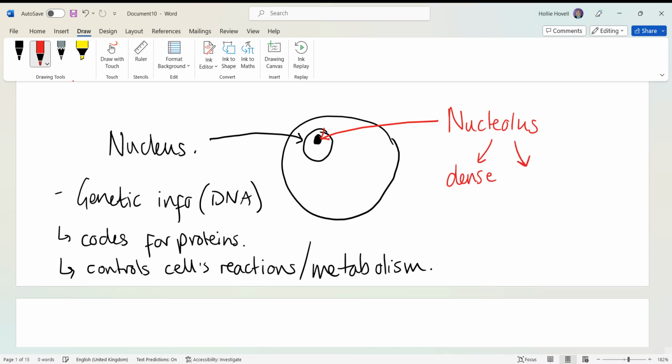It's spherical, like a ball, like a circle, a 3D ball. It's a sphere. And the job of it is that it makes RNA and ribosomes. Fancy word for makes is it synthesizes RNA and ribosomes.